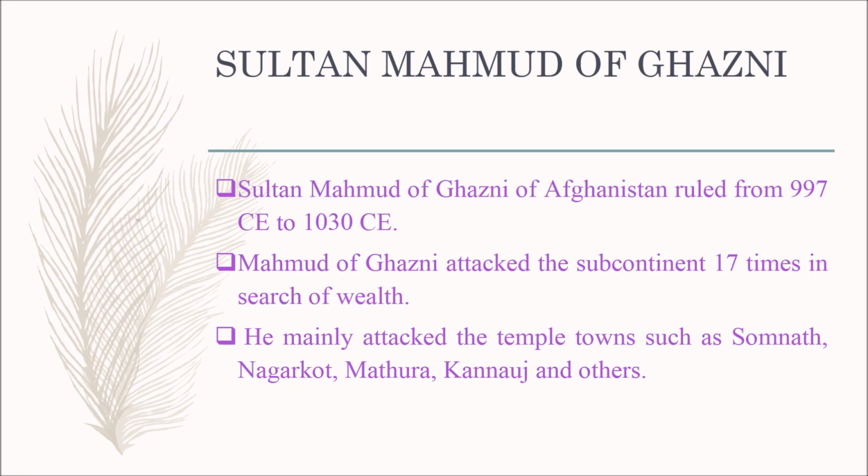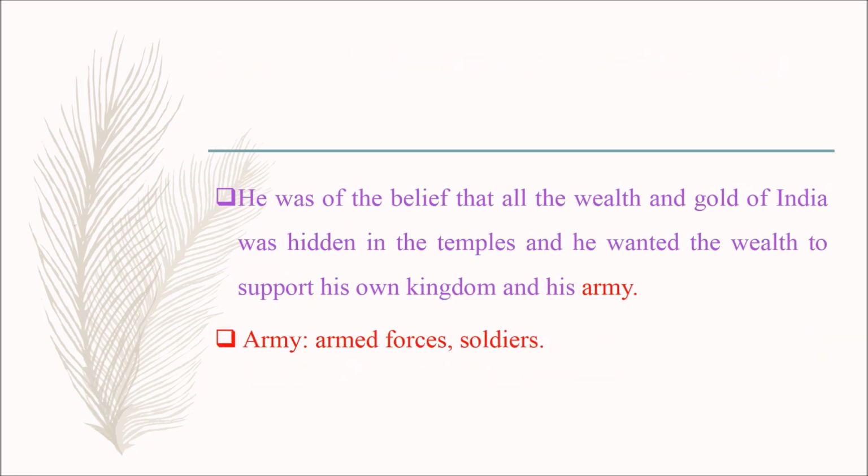He mainly attacked the temple towns such as Somnath, Nagarkot, Mathura, Kannauj and others. He was of the belief that all the wealth and gold of India was hidden in the temples, and he wanted the wealth to support his own kingdom and his army. Here, army means armed forces or soldiers.